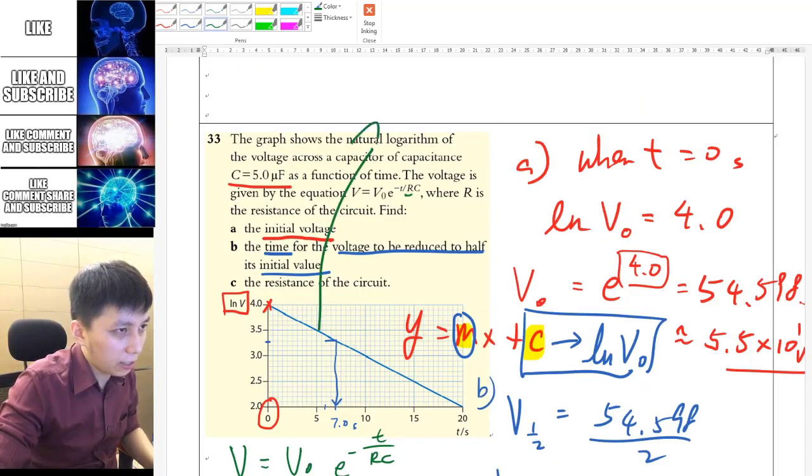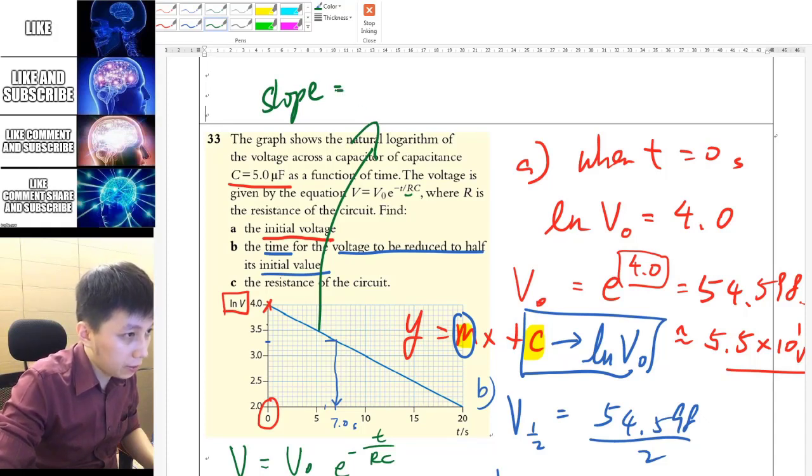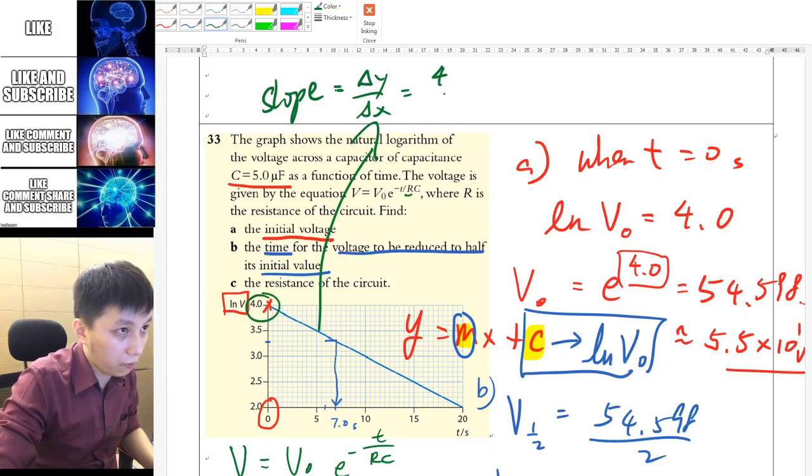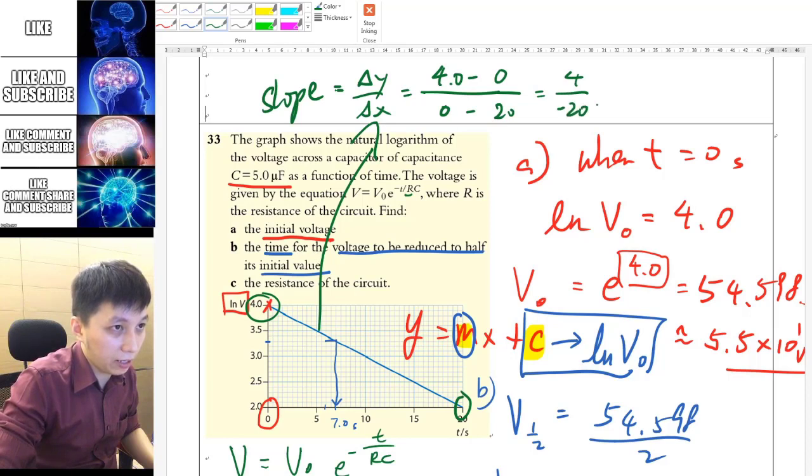So I don't have space, so allow me to write here. For the slope, it's going to be delta y over delta x. Alright, just to write the general formula for you. Then you can have this point, which is 4.0 for y and 0 for x, minus this point, which is 0 for y and x is 20, and so the slope is basically 4 divided by negative 20.